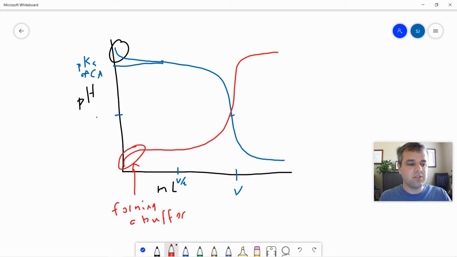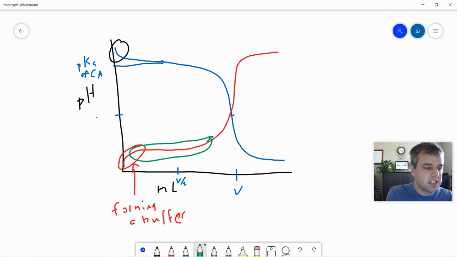So there is this sharp increase or decrease, depending on the perspective with the base or the acid, in the pH as you are forming the buffer that's present. And then along the rest of your titration curve, from 10 to 90%, the pH doesn't change by more than 1.5 pH units. And you can find your pKa at the halfway point.